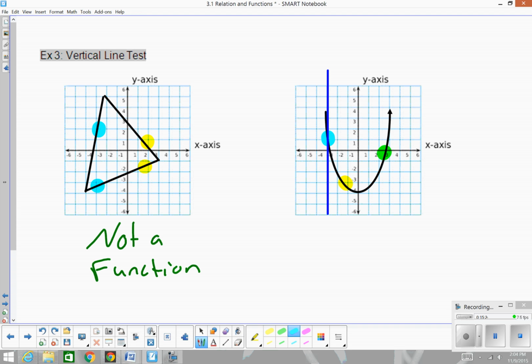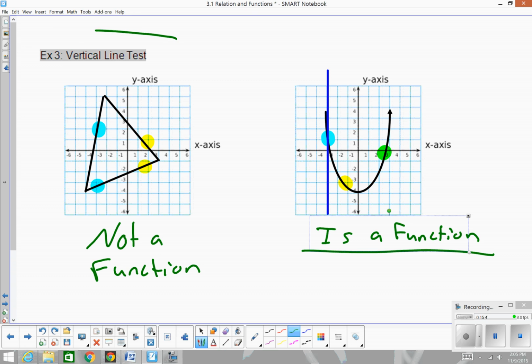Okay, so as I went through, at one point it only touched once. So if it only touches once, okay, then it is a function. Okay, it is a function. Awesome. Okay, so this is called the vertical line test.